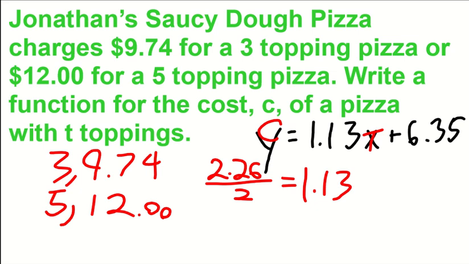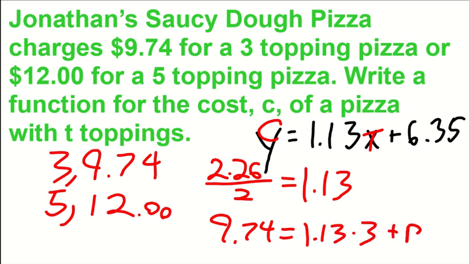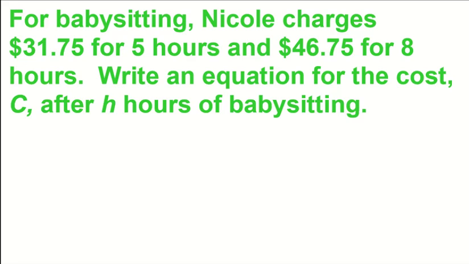Then, when we plug it in, we'd have 9.74 equals $1.13 times 3 plus our b. $1.13 times 3 would be $3.39, and then you just need to subtract that from the 9.74. Any questions on that? Calculators are tools. Definitely want to use them. Don't try to be stubborn and do it without.